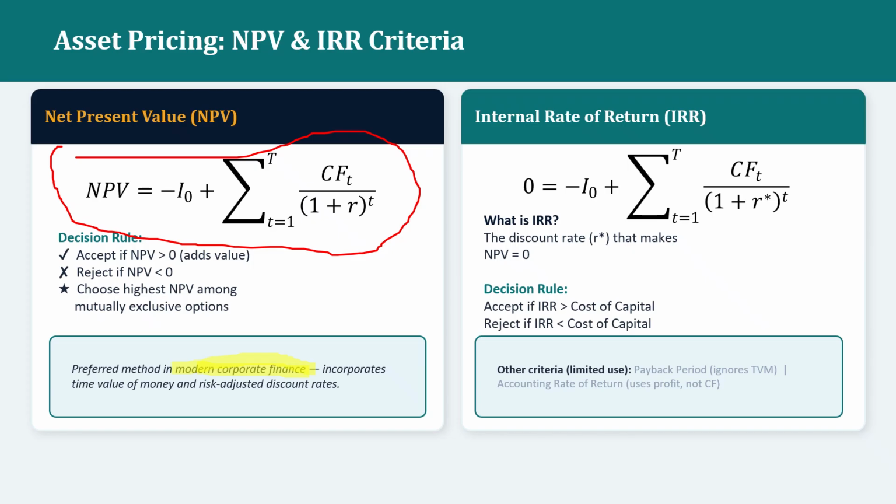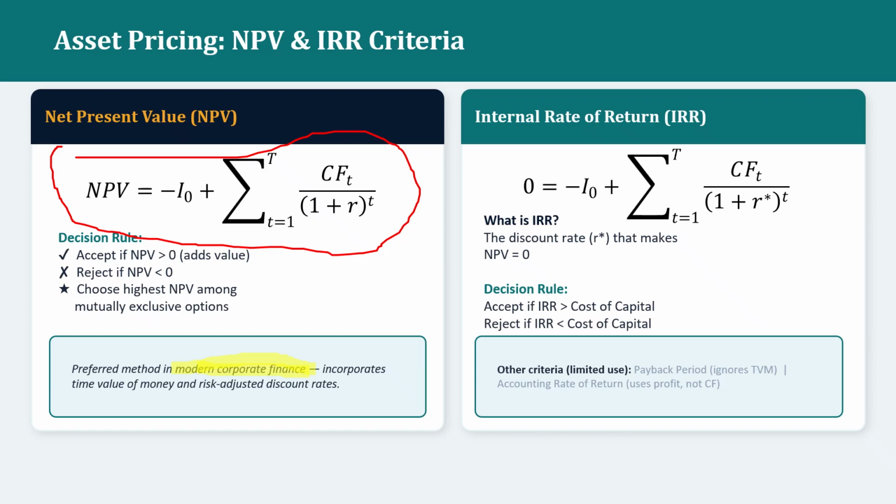If it does not, the project is not attractive. In practice, NPV and IRR usually give the same accept-reject decision for a single project. But when we are comparing multiple projects or dealing with unusual cash flow patterns, net present value is more reliable and is generally preferred.